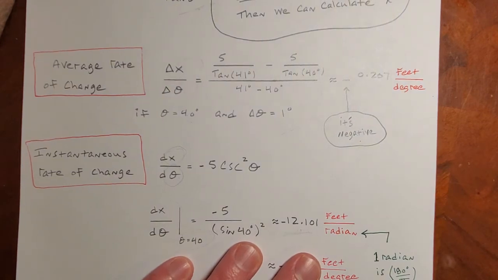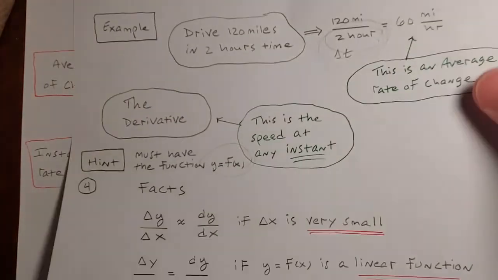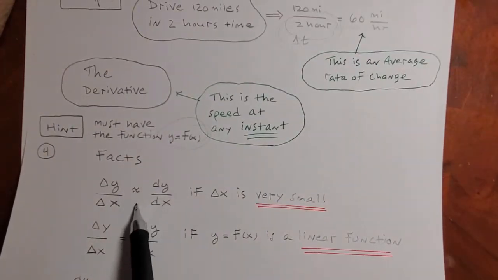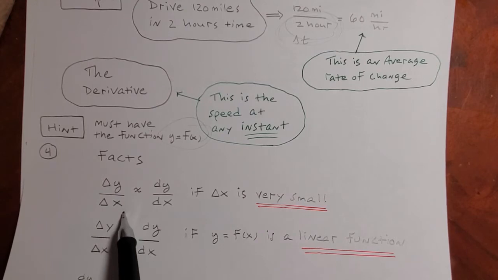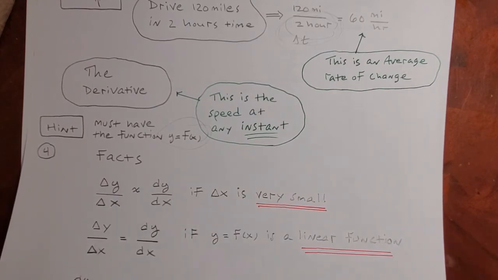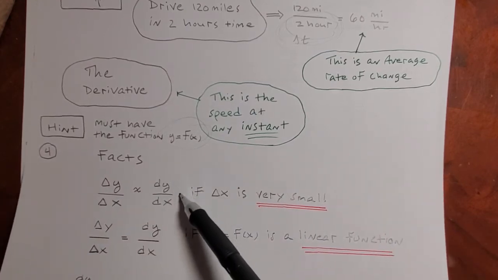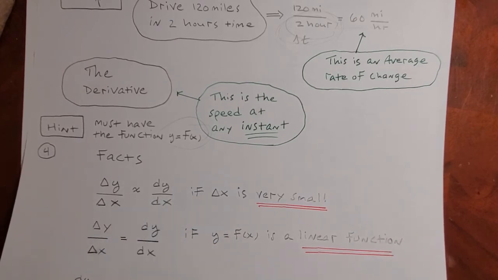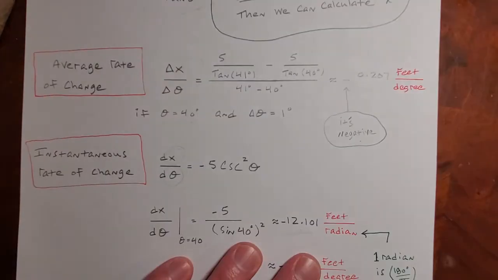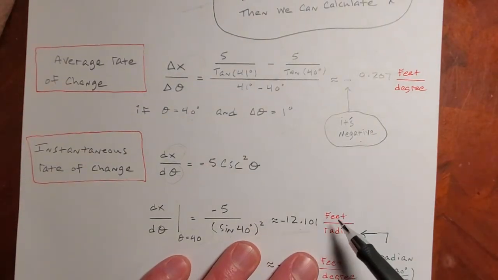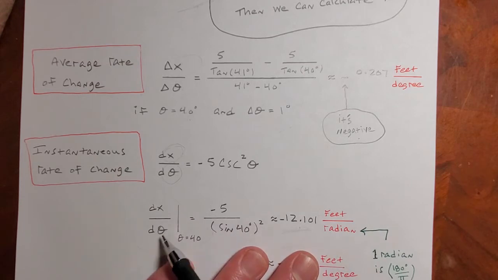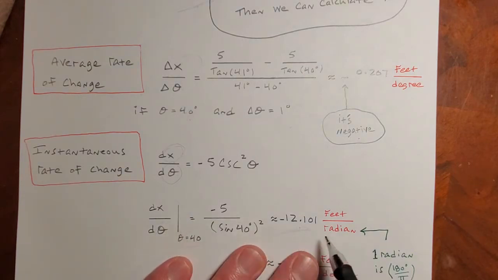That was one principle that I kept bringing back up in the lesson: yes, the derivative is approximately equal to the average rate of change if delta x is very small. This gives you a way to understand what the derivative is because you can measure the changes of the variables on your own. So that's not feet per degree, it's feet per radian, because that's going to be the default out of the derivative of a trig function.